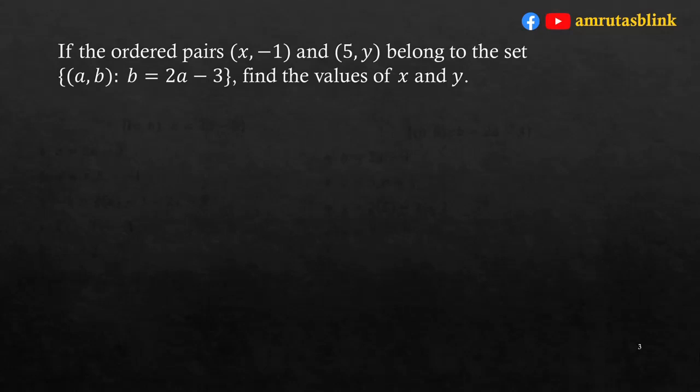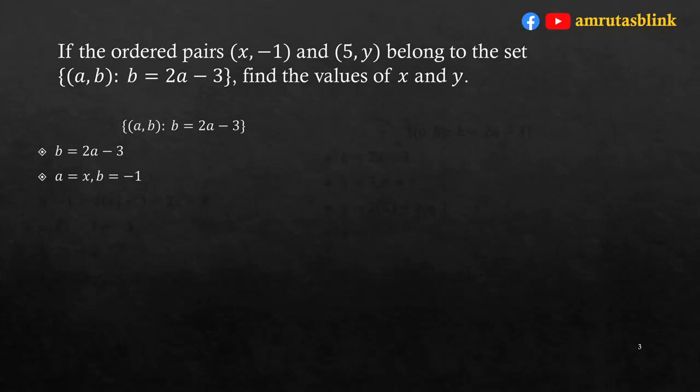There is a set which consists of elements a and b, where b is equal to 2a minus 3. For the first ordered pair (x, -1), a is equal to x, that is the first element, and the second element, which is b, can be taken as minus 1.